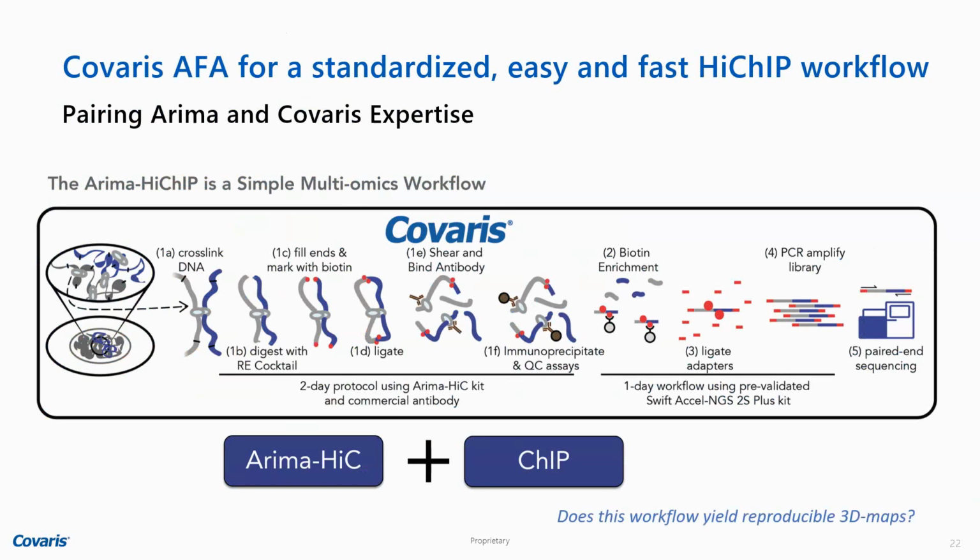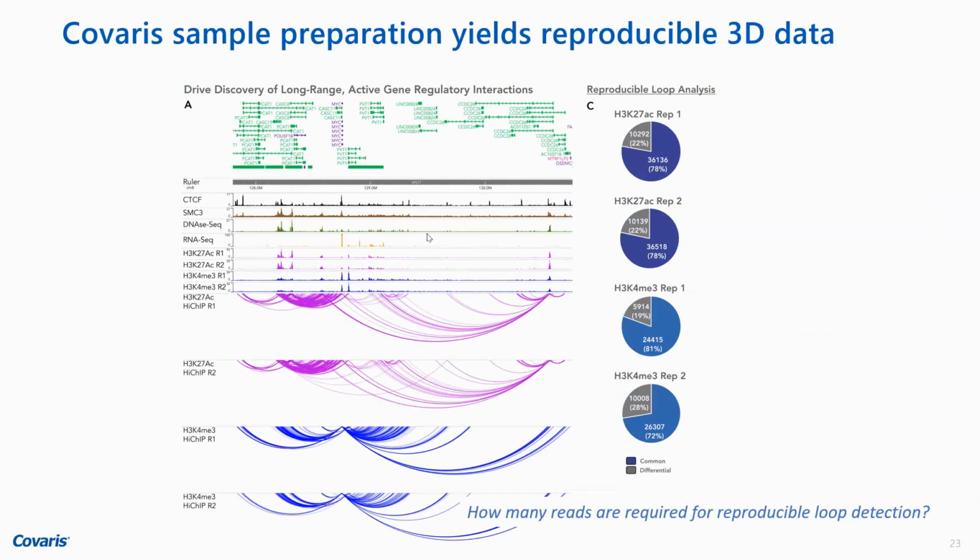So now we want to show you some 3D maps to show you that this workflow indeed produces very nice and reproducible 3D maps. This is now H3K27 acetylation and H3K4me3 HiChIP, and we are looking at the MYC locus.